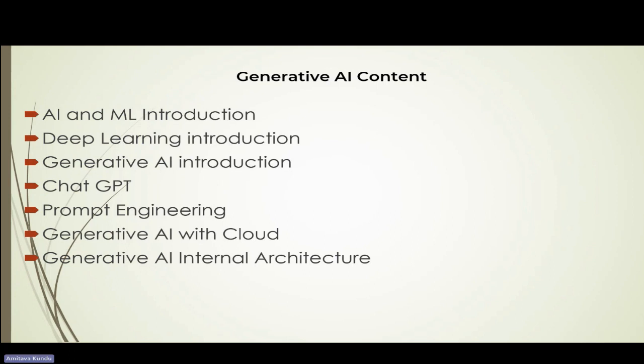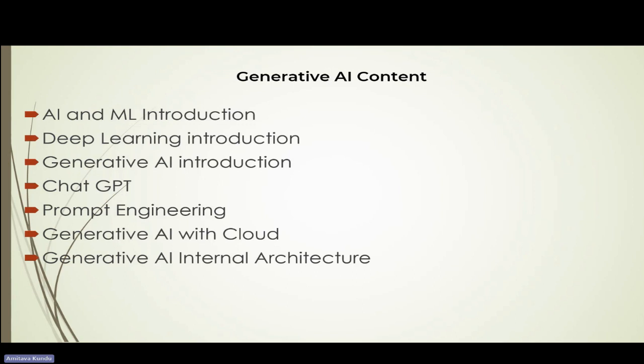That does not mean that everyone can work as a developer in the Gen AI domain. If you want to work as a core developer in the Gen AI domain, then you should have a very good understanding of AI, ML, deep learning. Only then can you create some product in the Gen AI industry. There are two categories there, right?